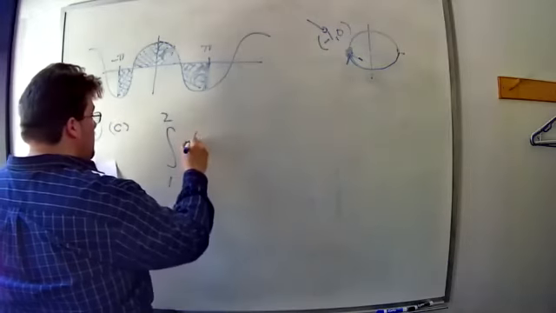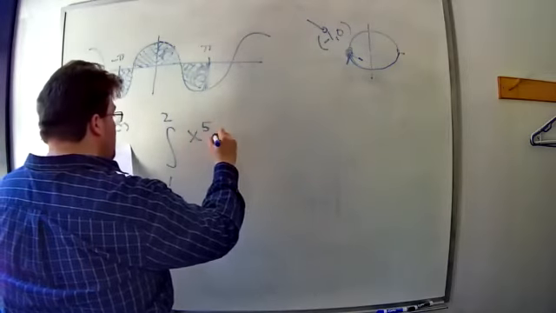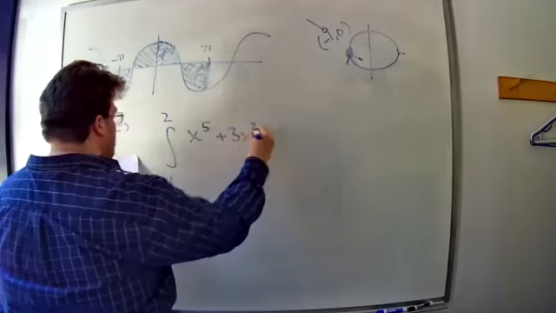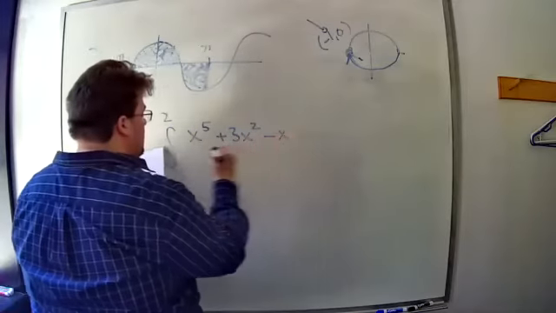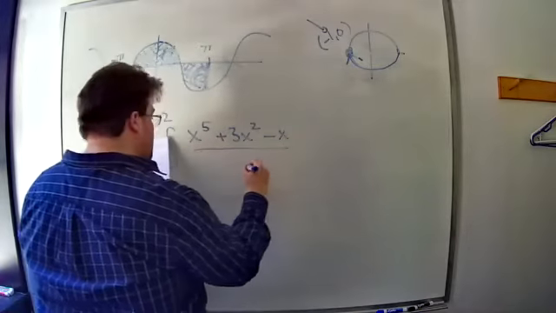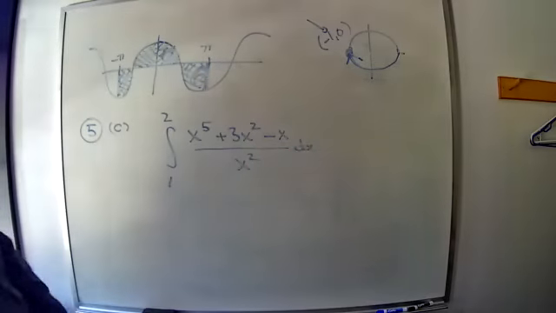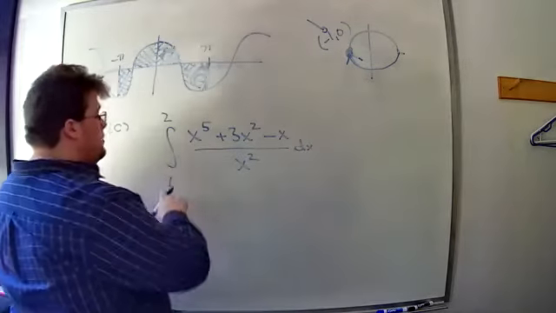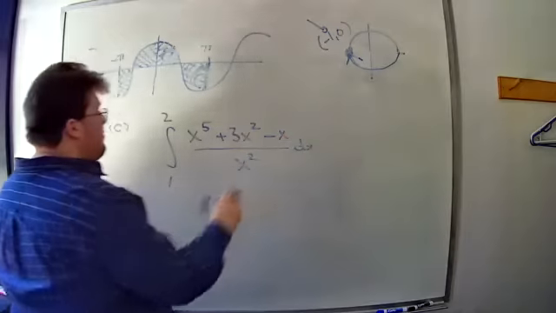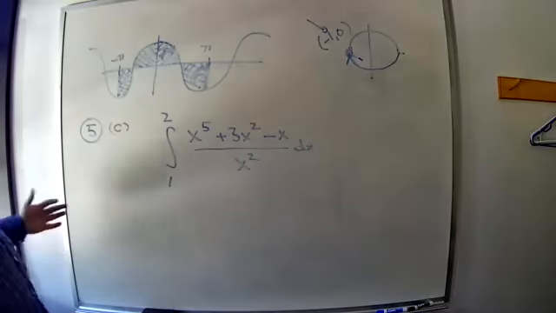Integral from 1 to 2, x to the 5th plus 3x squared minus x all over x squared with respect to x. Well, first, we can't just do one piece at a time because the integral cannot go into a quotient.